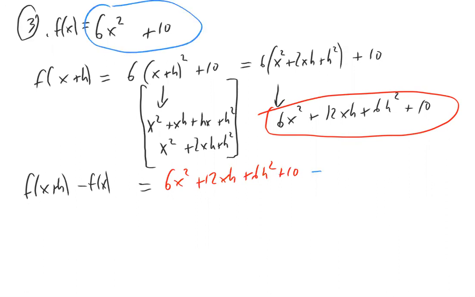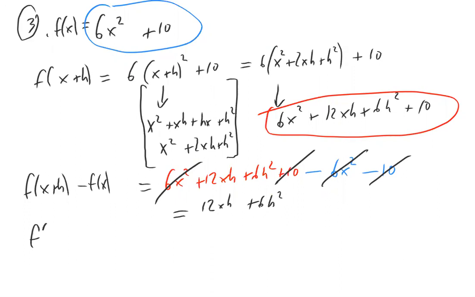It's going to be minus 6x squared minus 10, because if you subtract a positive 10, you get a negative 10. And then that cancels out, and so that equals 12xh plus 6h squared.